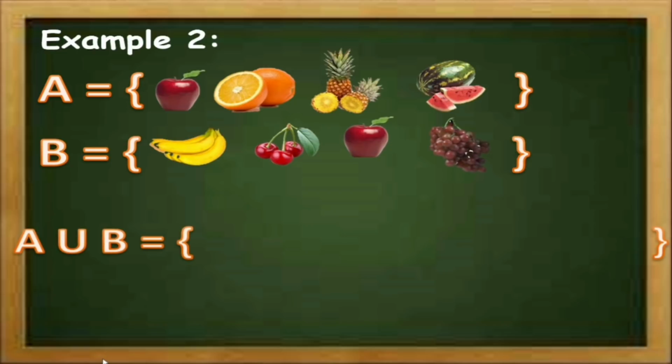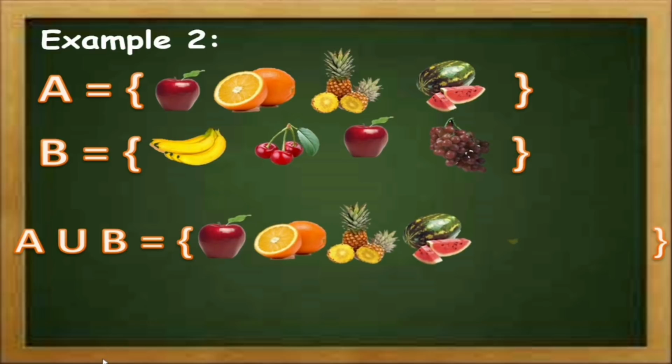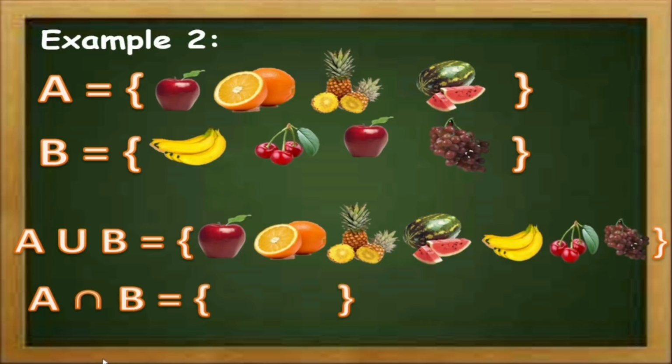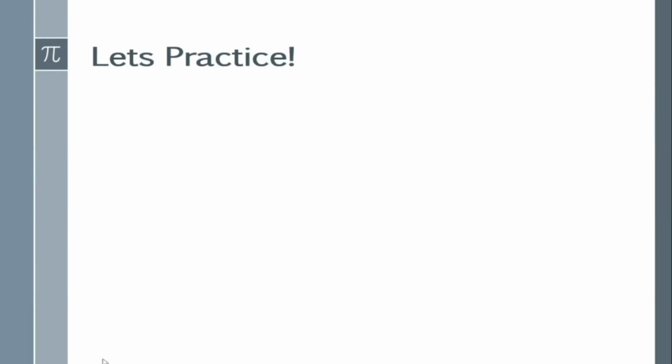If we're going to get A union B, then the answer are as follows: apple, orange, pineapple, watermelon, banana, cherry, and grapes. If we're going to get A intersection B, then our answer would be the apple.